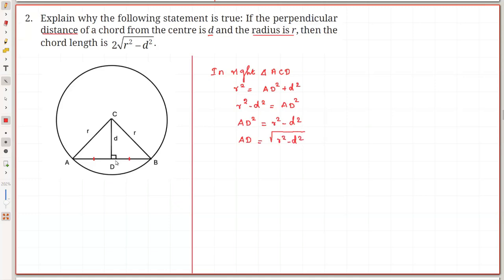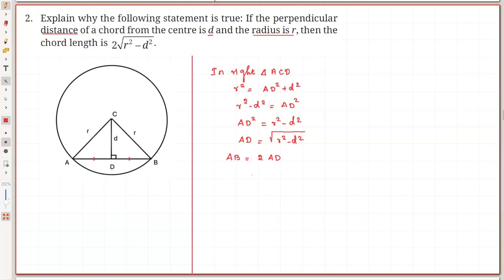So for the chord length AB, AB is equal to AD plus AD, that is 2 times AD.